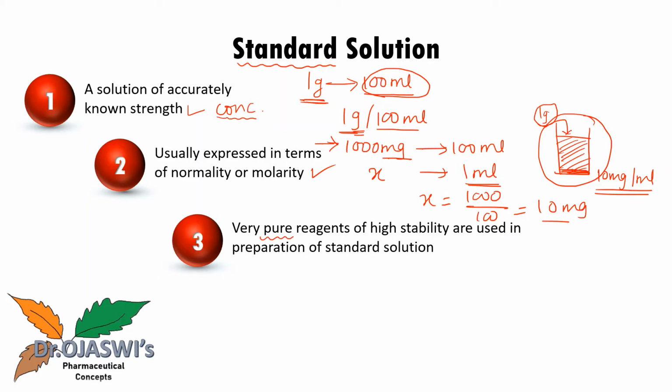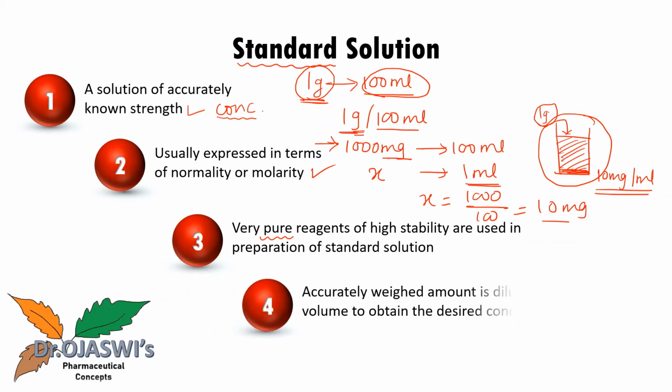So when I say I am weighing 1 gram, it means the full 1 gram is that particular substance without any mixture, without any impurities in it. Okay. Next, an accurately weighed amount is diluted to exact volume to obtain the desired concentration. Okay.